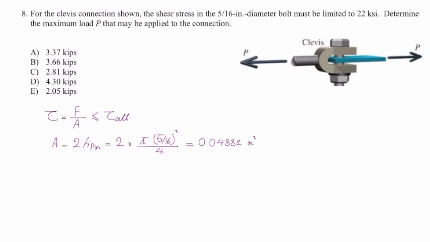And I just plug it into that equation. So I can say force, or P, should be smaller than the allowable stress times area. Allowable stress is 22 KSI, and area is, that is 1.07 kips, which I don't see it here. Okay. No, I forgot to multiply that by pi. Yep, that's my mistake. Okay, sorry.